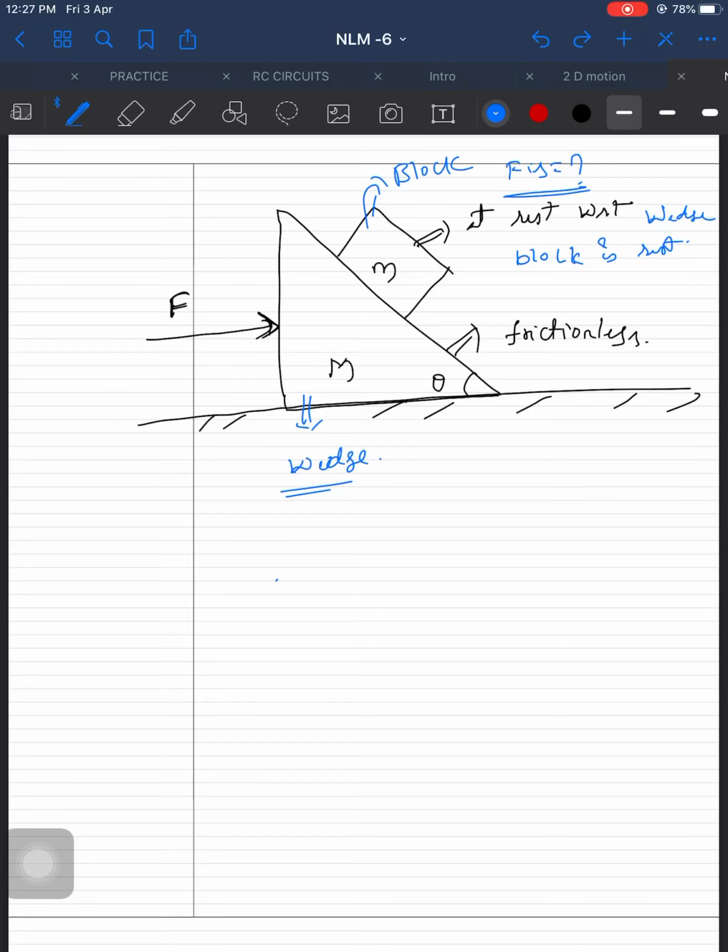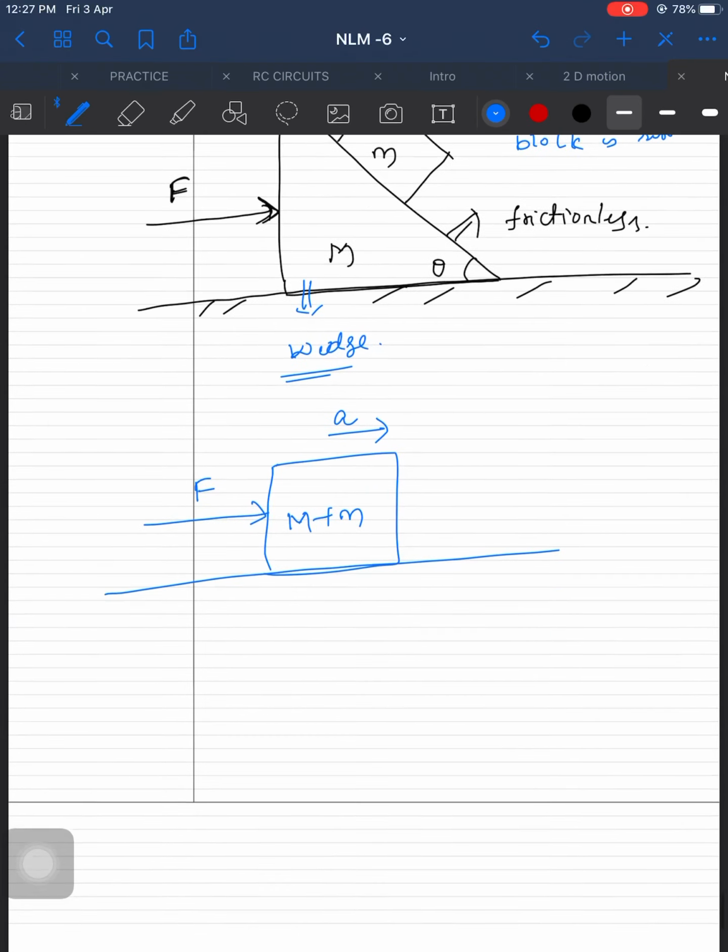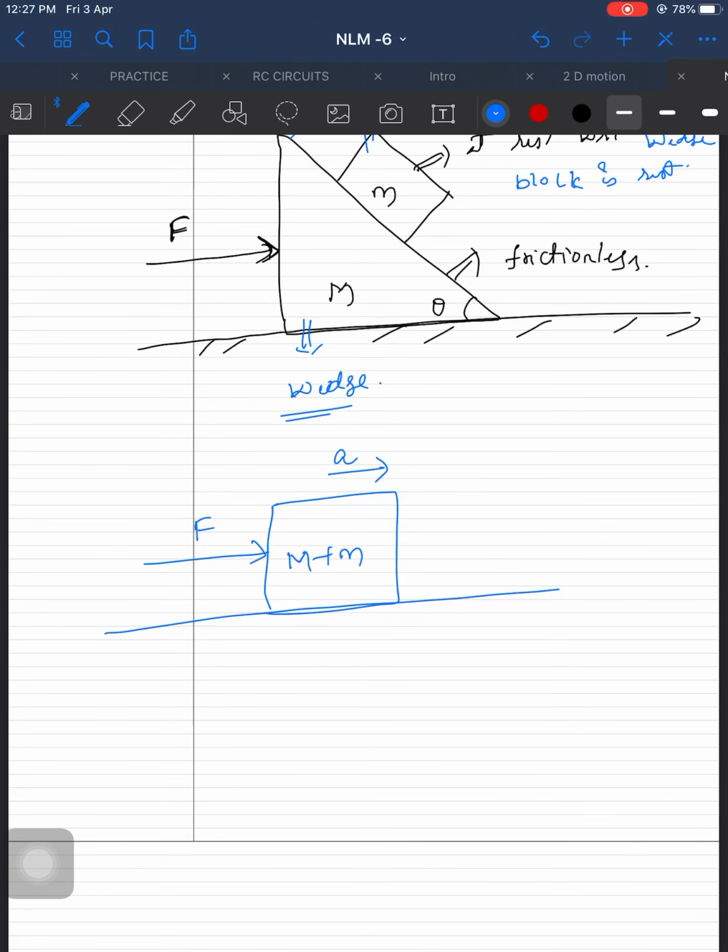Let's consider the two blocks as a single system, capital M plus small m. There is a force. Are there any opposing forces? Let's say acceleration A is in this direction.